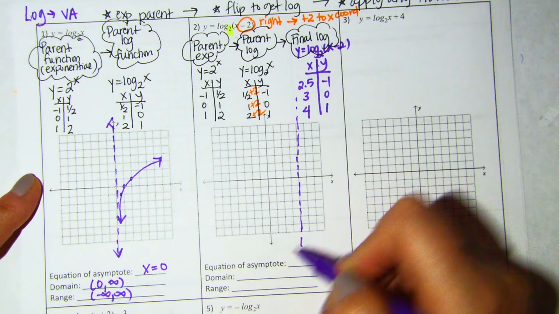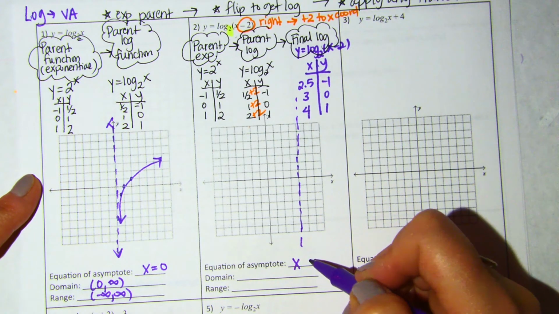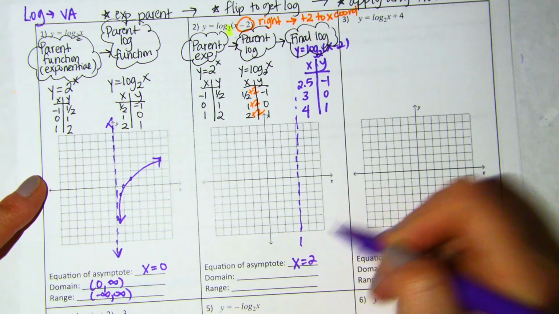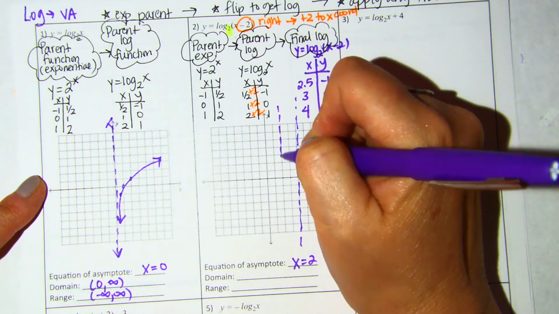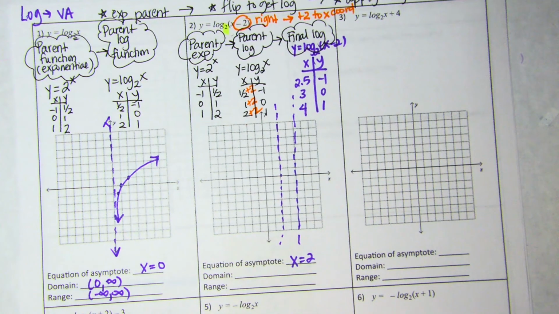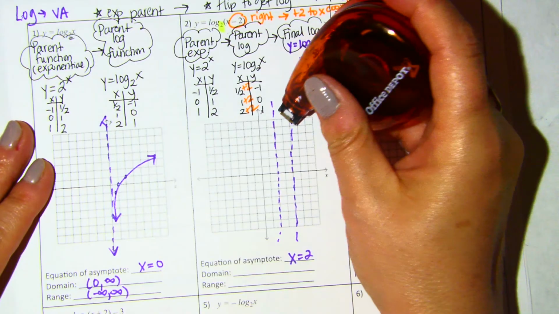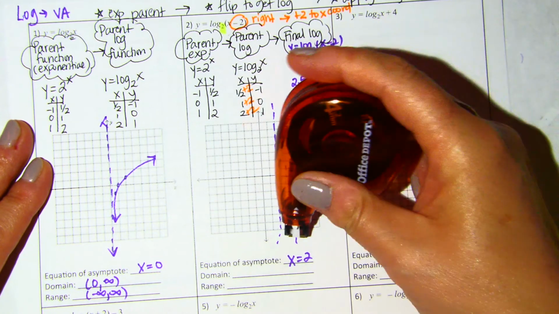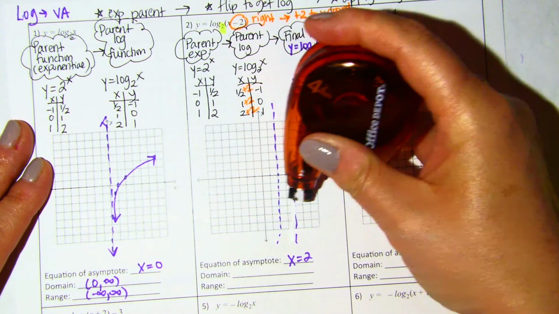So instead of 0, my asymptote, not 4 to the right, 2 to the right. It'd be nice if I could count. I don't know where I got 4 from. Anyway, it's going to look kind of messy, but that's okay. Oh boy.